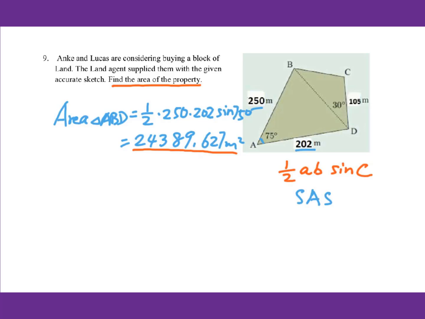How do you get the area of triangle BCD? We need SAS. So we need to figure out this x. For this triangle, we are given SAS. We need to figure out the side. Definitely, we have to use the cosine law.